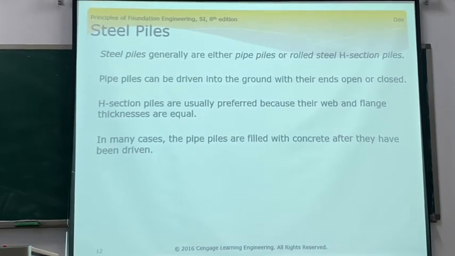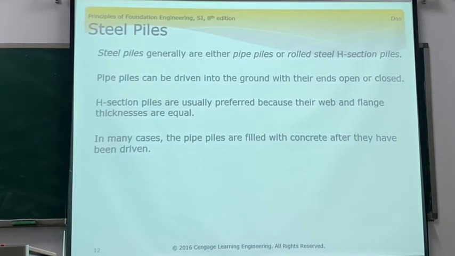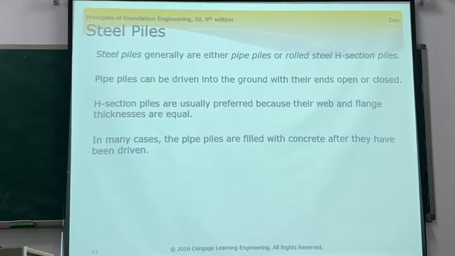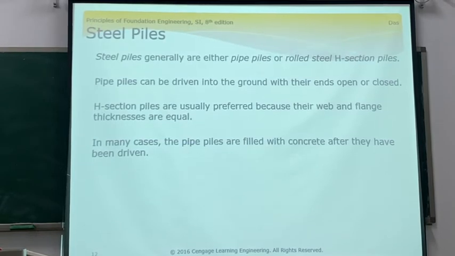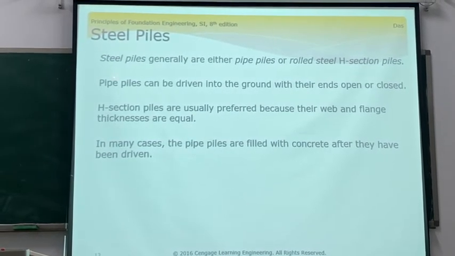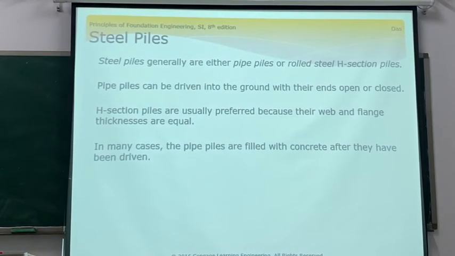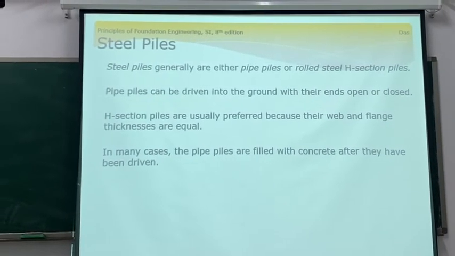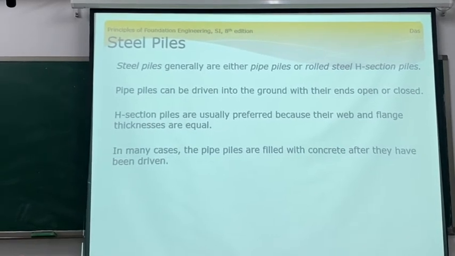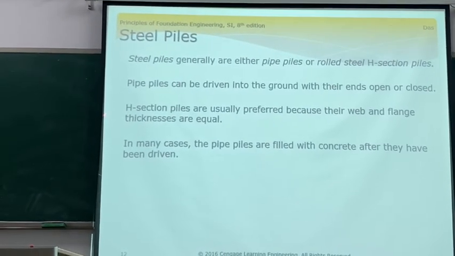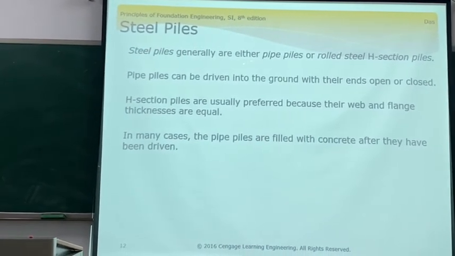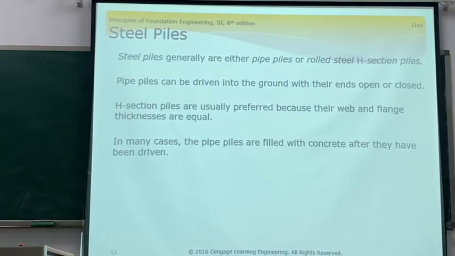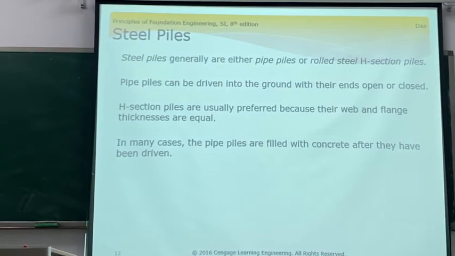The types of the foundation we always say are based on the materials: steel pile, concrete pile, and timber. So for the steel pile, when we choose the steel pile, how to construct the steel pile, we can see. Steel piles generally are either pipe piles or rolled steel H-section piles.